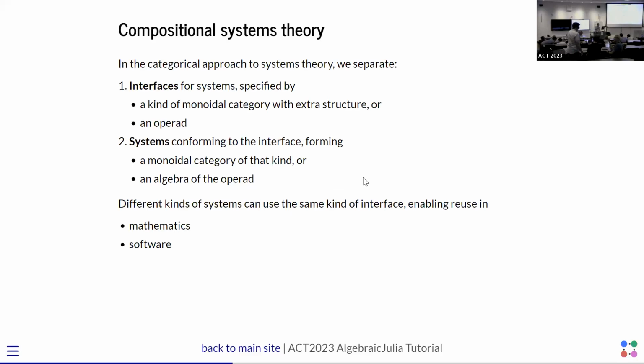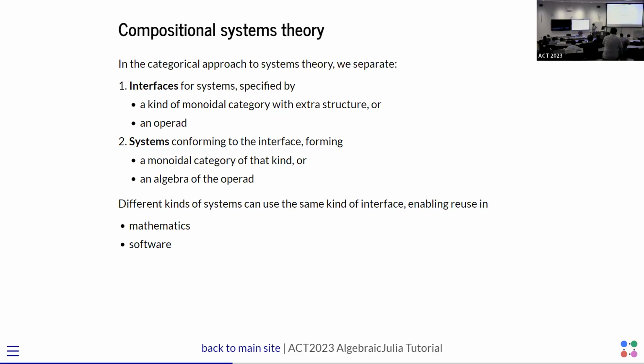Okay, so in compositional or categorical systems theory, it's useful to separate some notion of an interface for a system, how the system is going to interact with other systems, from the systems themselves.